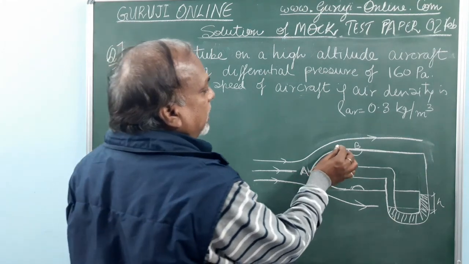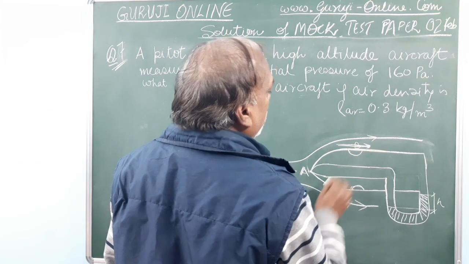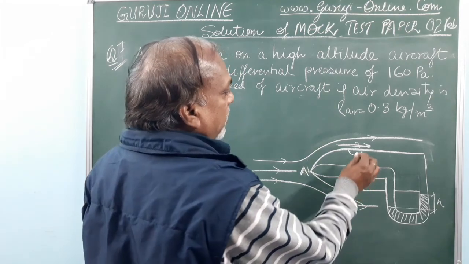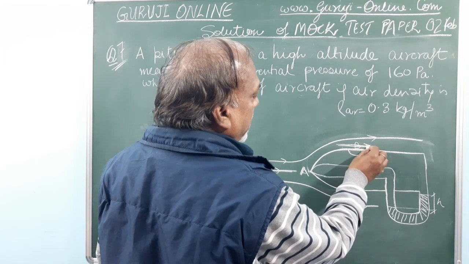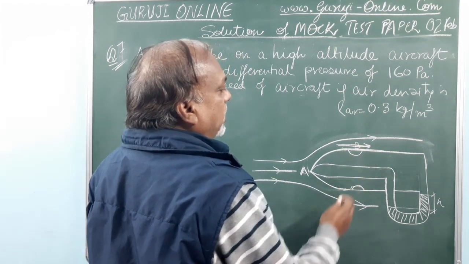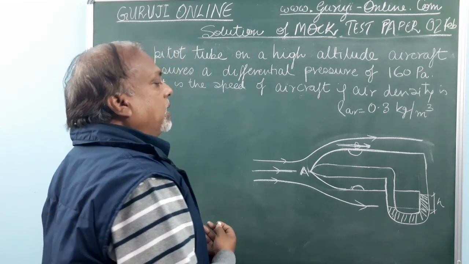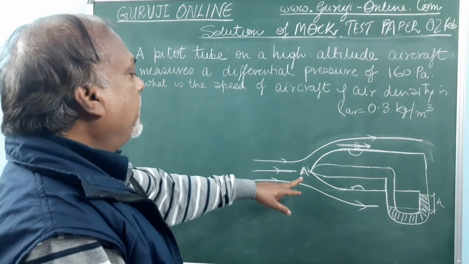But at this point, of course, there will be airflow. And whatever is the velocity of airflow, if you measure here, it is found that it is almost equal to the aircraft speed.